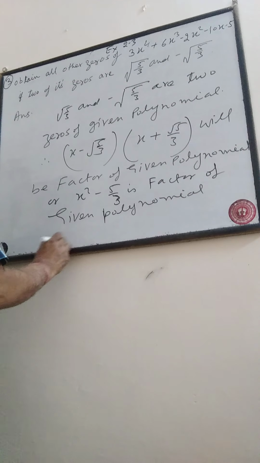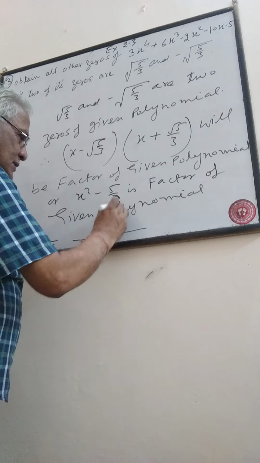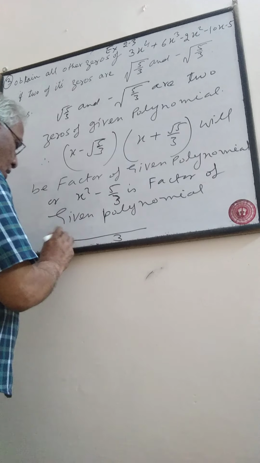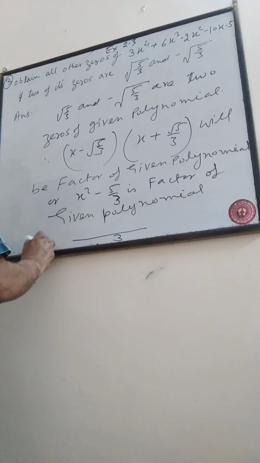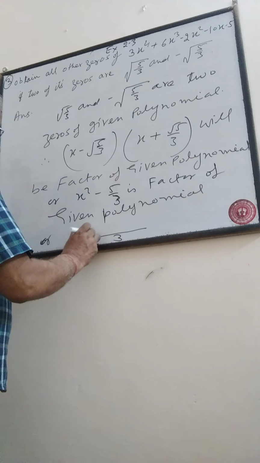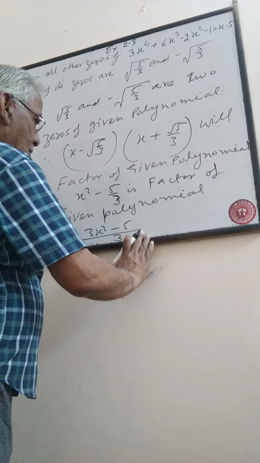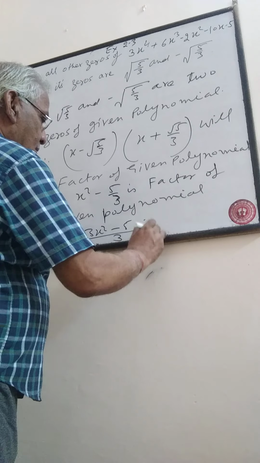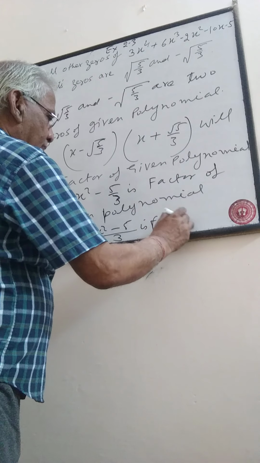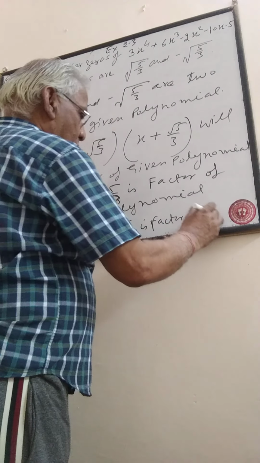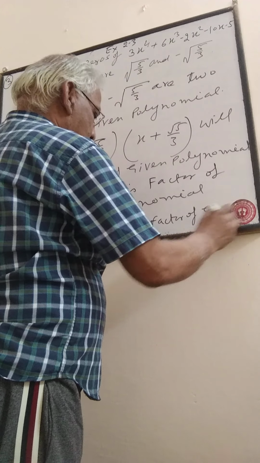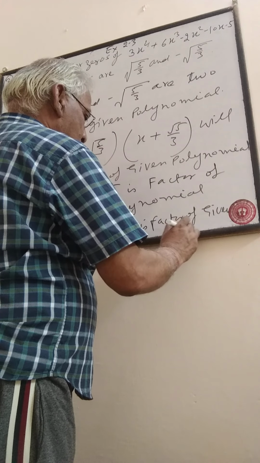You can take 3 as LCM, so 3x square minus 5 is a factor of the given polynomial.